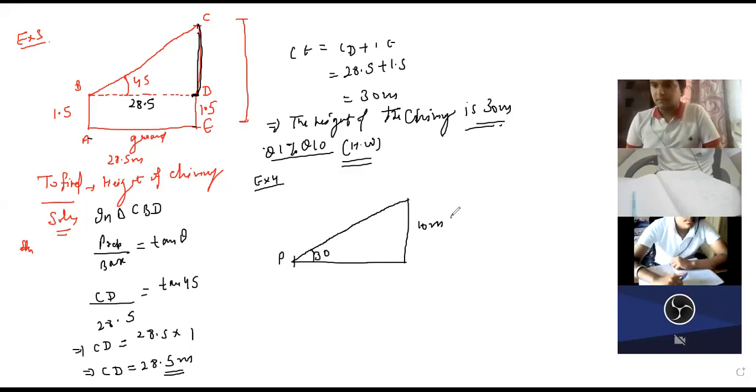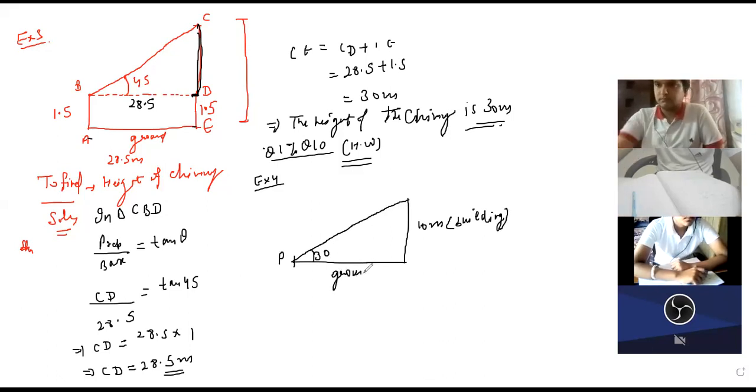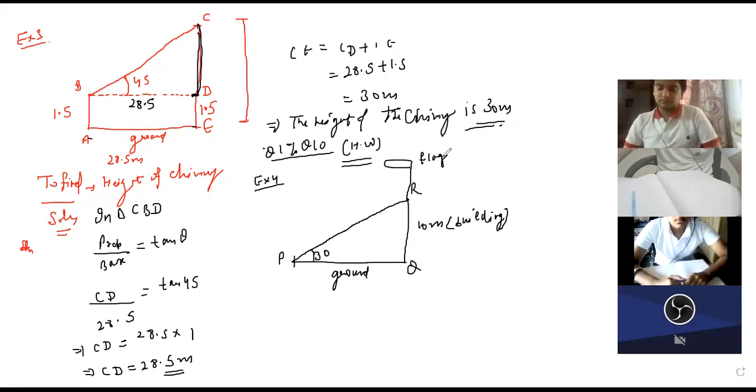So this is the building, this is the ground, this is 30. A flag is hoisted on the top of the building. Now there is also a flag on top of this building, like this. So this is a flag on the building.